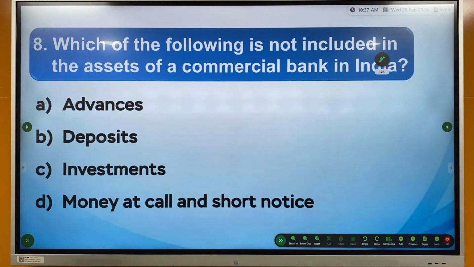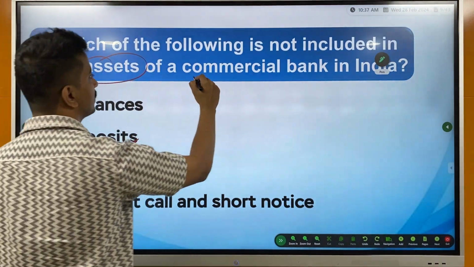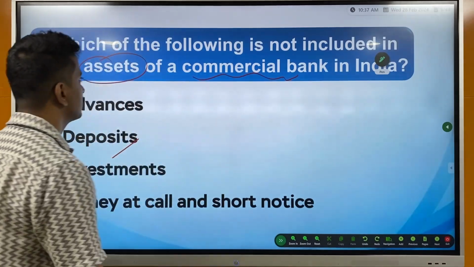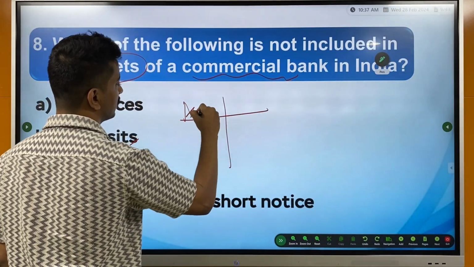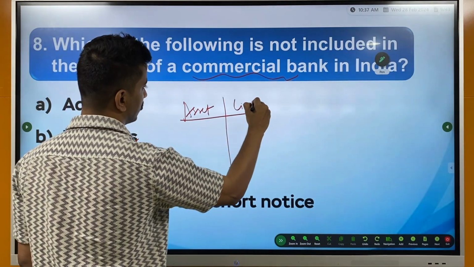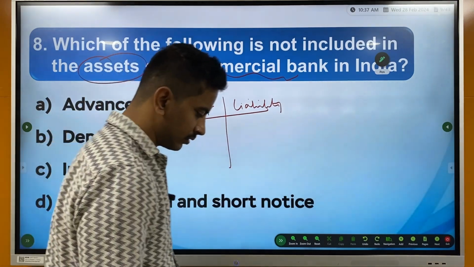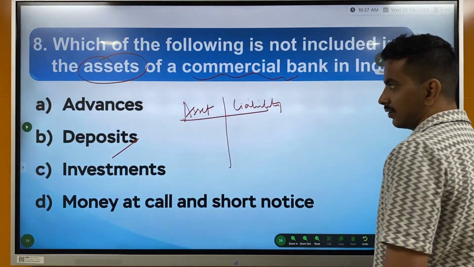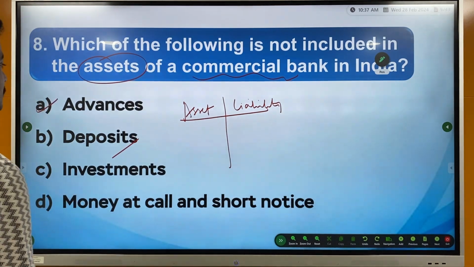Third: which of the following is not included in the assets of a commercial bank in India? There are two things, assets and liabilities. For a bank, advances is an asset.